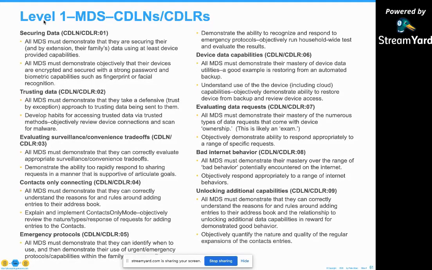You must be able to evaluate surveillance and convenience trade-offs. Again, Google wants to connect with your address book and do everything that you can. There are some good reasons why that might be a very good idea, but there are also some other reasons why perhaps another app should not have access to your address book. And again, these are just the low level here. You need to understand what is good and what is bad internet behavior, and be able to recognize it as appropriate.